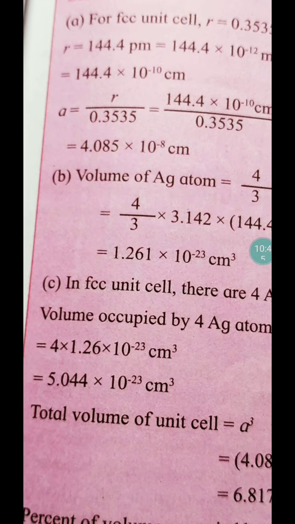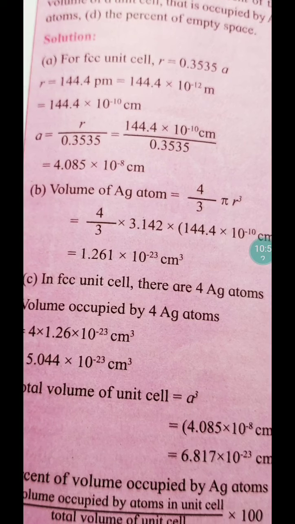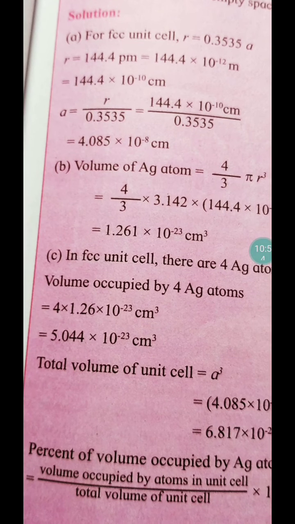This is the volume of a silver atom. In a face-centered cubic unit cell, there are 4 silver atoms, and therefore the volume occupied by 4 atoms is 4 into 1.261 into 10 to the power minus 23 centimeter cube, that is equal to 5.044 into 10 to the power minus 23 centimeter cube.